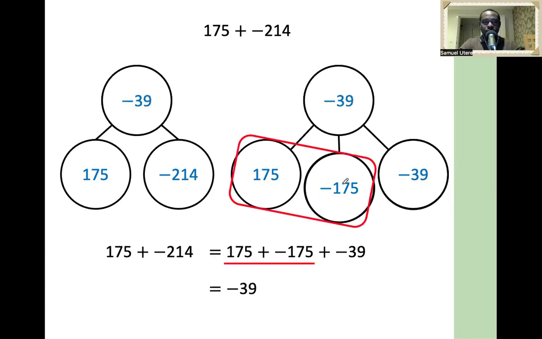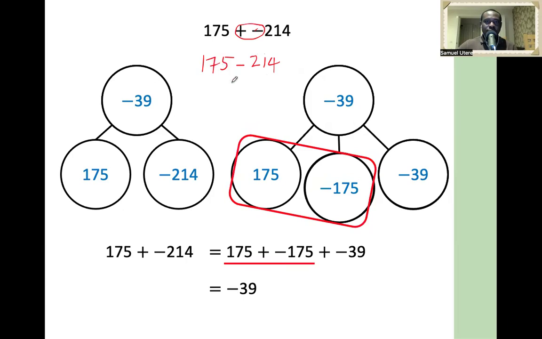Another way of thinking about it is what I showed you before. These two become negative. So we have 175. So the positive and the negative next to each other become negative. So 175 minus 214. Now think about it. By now, you should know how things actually work. You're trying to subtract that from 175.